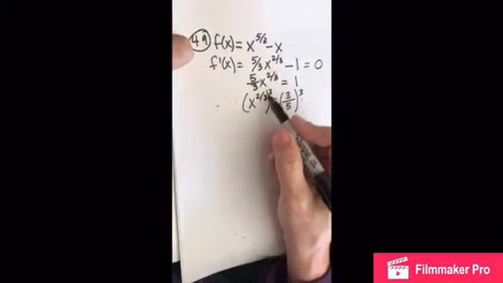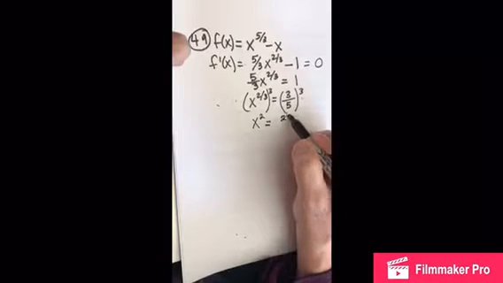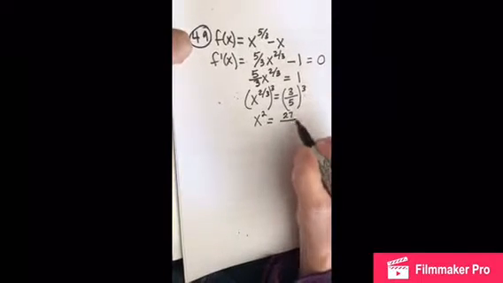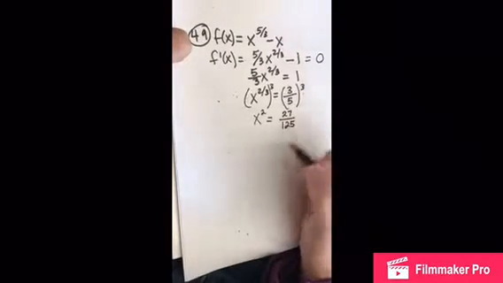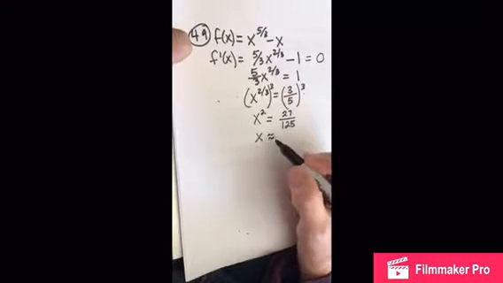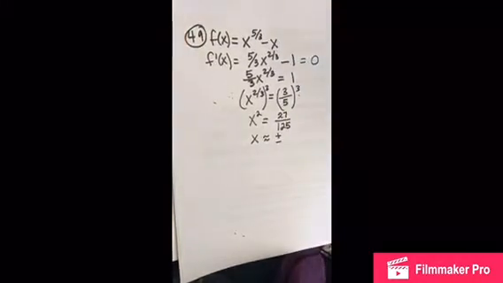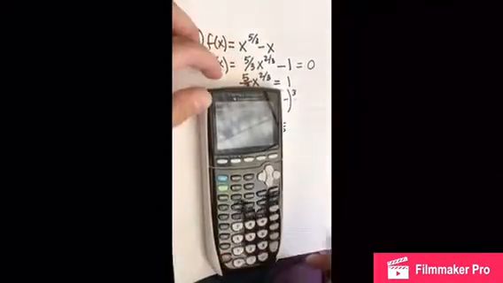So if we cube that, the 3's cancel and we just get x squared. And here when I cube it, I get 27 over 5 cubed, which is 125. And then I take the square root of that to get what x would be, and it's going to be plus or minus, and we'll get an approximation for that.